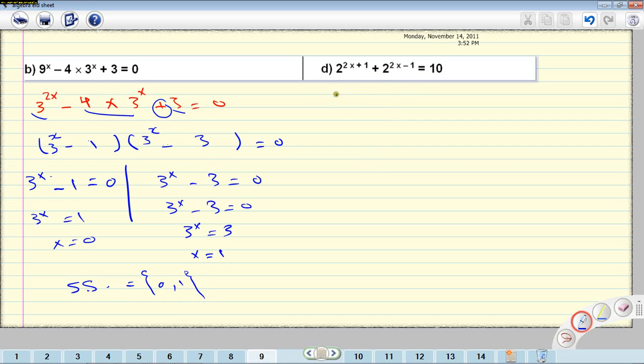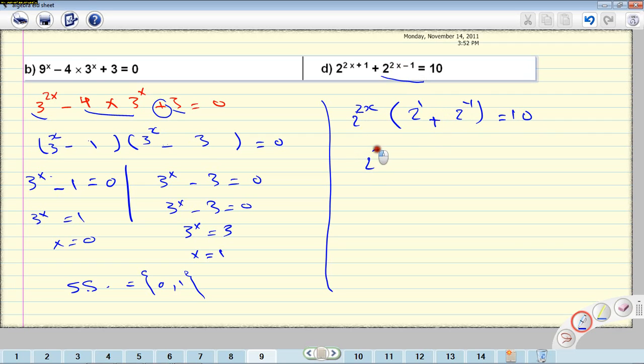For this question, I'm going to take a common factor, 2 to the power of 2x, open bracket. Here will be 2 to the power of 1 plus another 2 to the power of 2x here. Taking it as a common factor, we have 2 to the power of negative 1 equals 10.